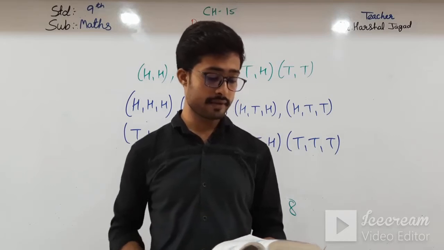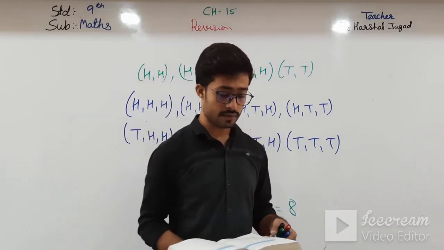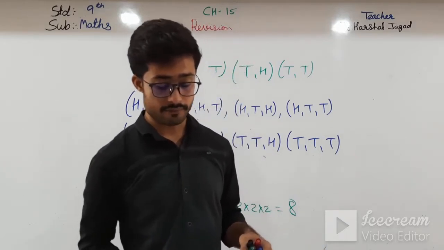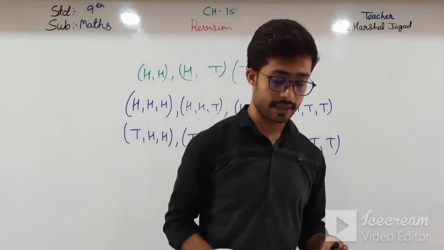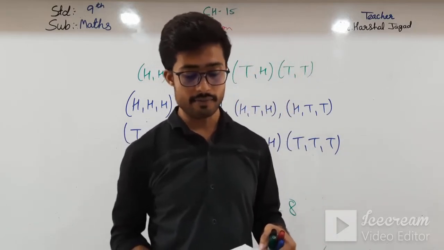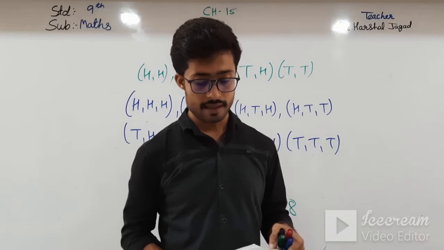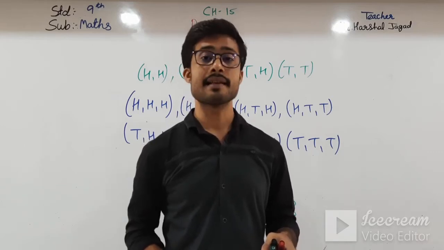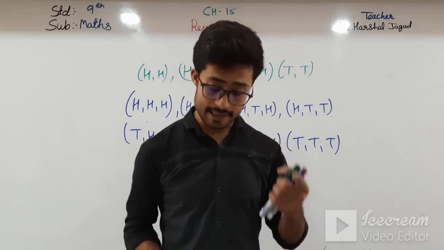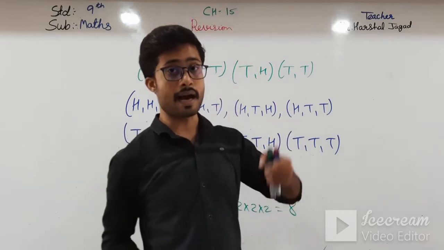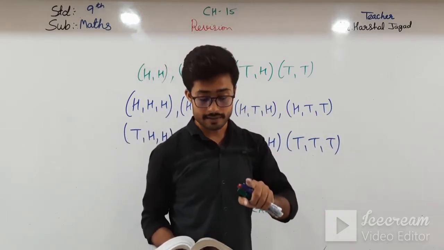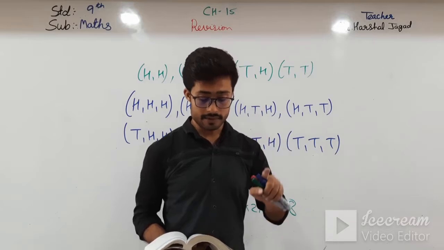Then moving further, a dice is thrown 1000 times with the frequency for the outcomes 1, 2, 3, 4, 5 and 6 as given in the following table. A dice has how many outcomes? 6 outcomes, and it is thrown how many times? 1000 times.